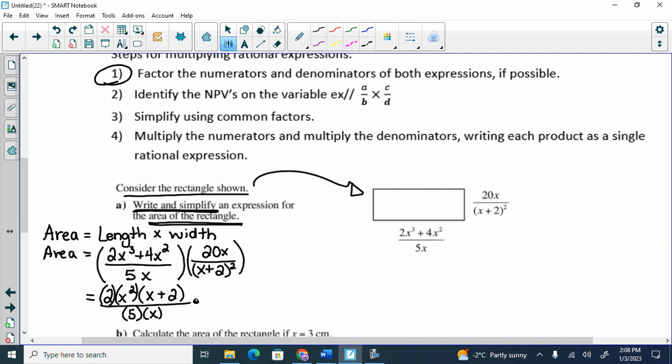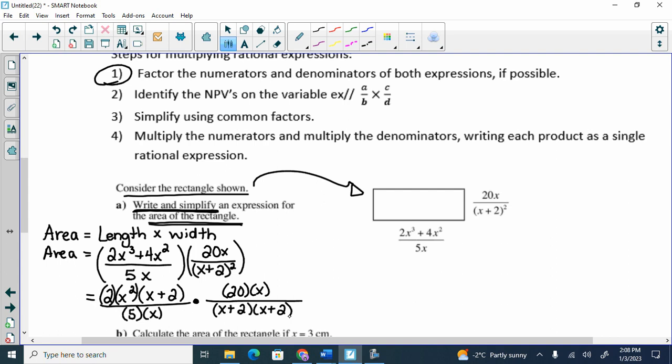I never do the x, because the x, which is a multiplication symbol, looks like an x, which we have as the variable, and it just gets really confusing. 20 and x are a monomial, so I'm going to go 20, and I'm going to go x. And then I have this x plus 2 squared again, which I am going to ignore that squared, and I'm just going to write it twice so I don't mess up.